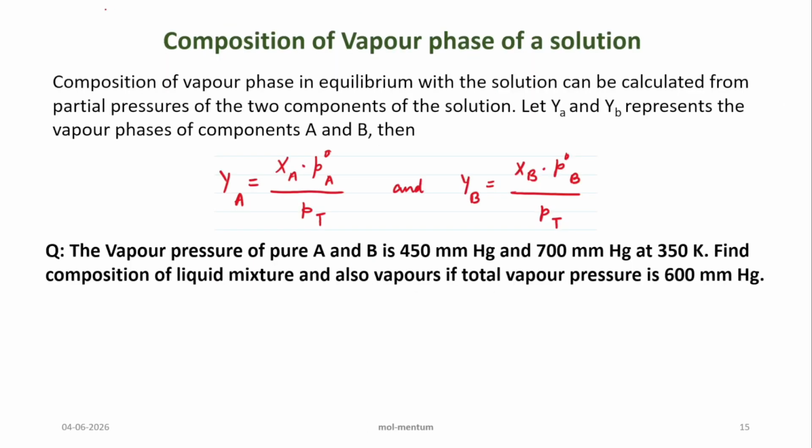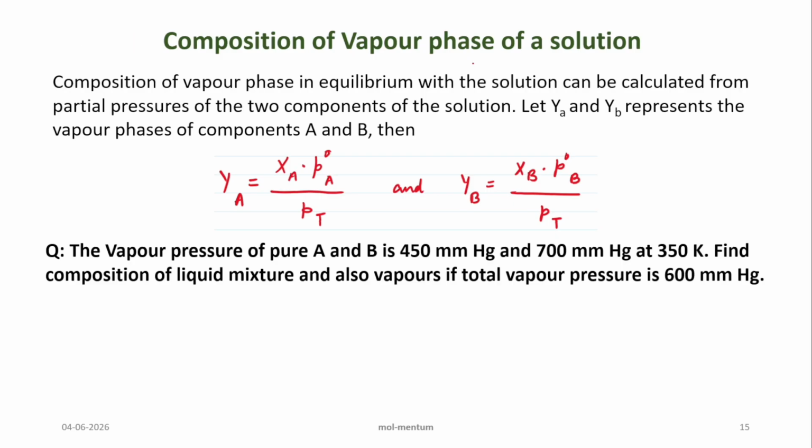I think this question has not been asked in CBSE in the last couple of years, so this part becomes very important for this year, 2027, I would say. It means composition in vapor phase. Whenever two volatile liquids are mixed, there exist vapors in equilibrium with the liquid surface.